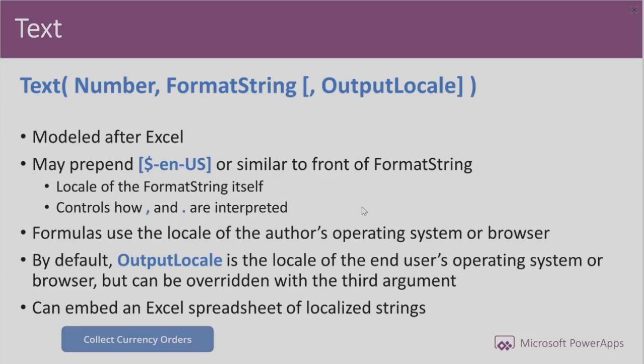The authoring tool also uses the locale of the author. So we will transpose dots and commas appropriately when you're looking at formulas. If you're looking at PowerApps Studio in a language that uses comma for a dot, you'll also see semicolons used as separators as opposed to commas. The whole thing gets transposed and back again as appropriate.